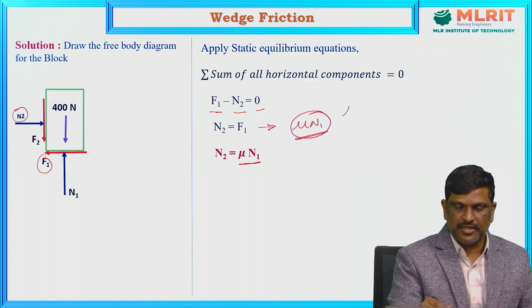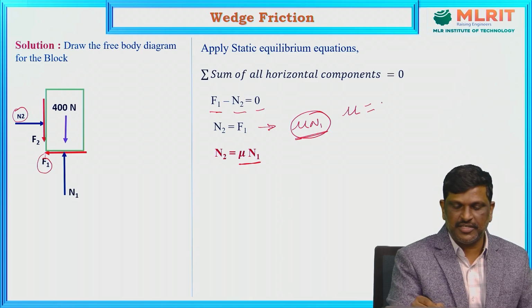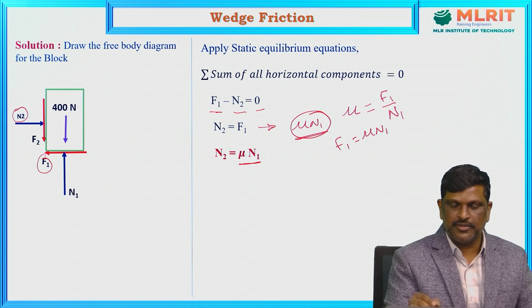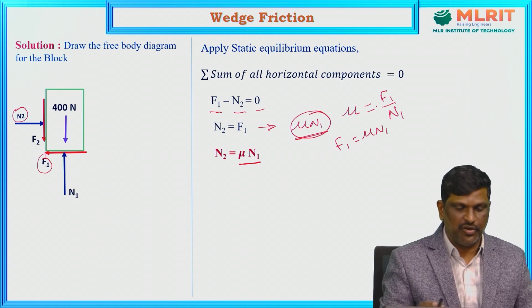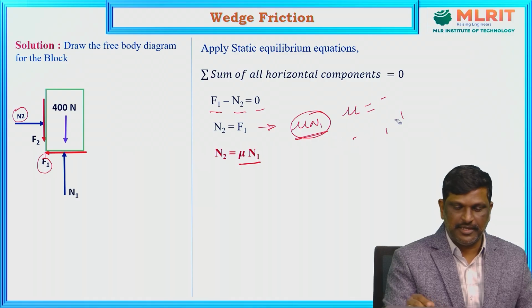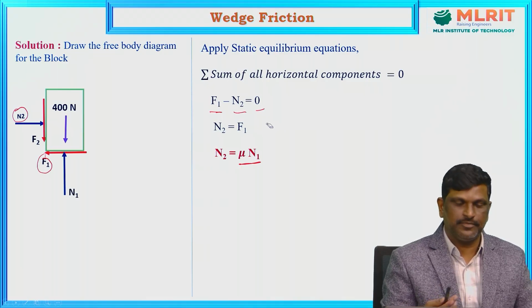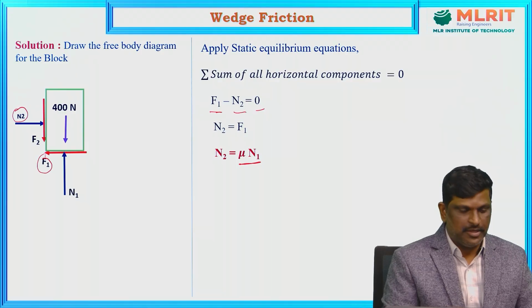This is taken from the relation: the coefficient of friction is always equal to the limiting friction divided by normal reaction. From this, F1 is equal to mu N1. This relation is familiar to all of us. So by using that relation, I have substituted the value of F1 in terms of N1. So N2 is equal to mu N1.